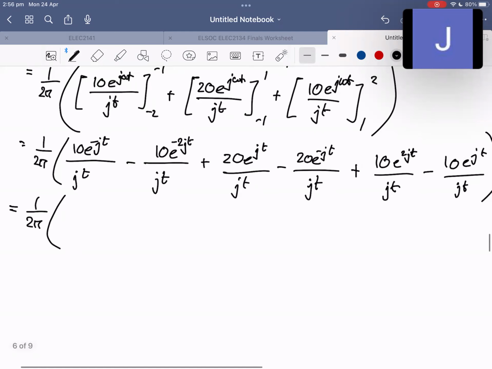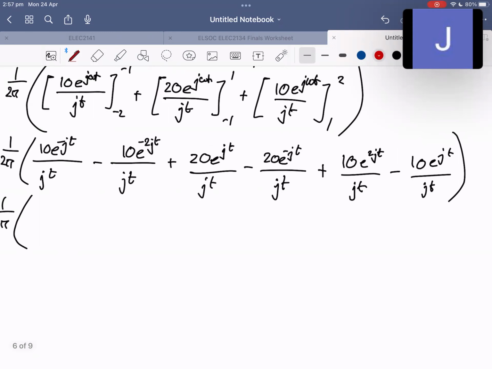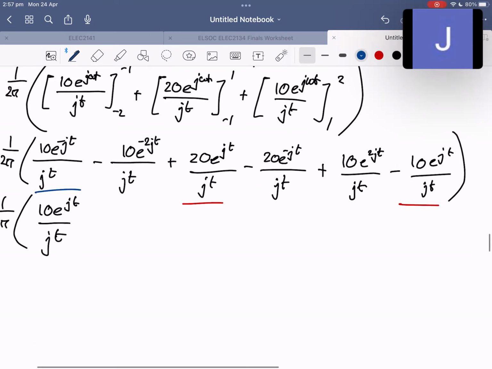I think I'm going to collect like terms first. So I have 20 and minus 10 here. So this is just 10 e to the jt divided by jt. And then I've got 10 e to the minus jt, and then minus 20 e to the minus jt. So I can collect those as well.